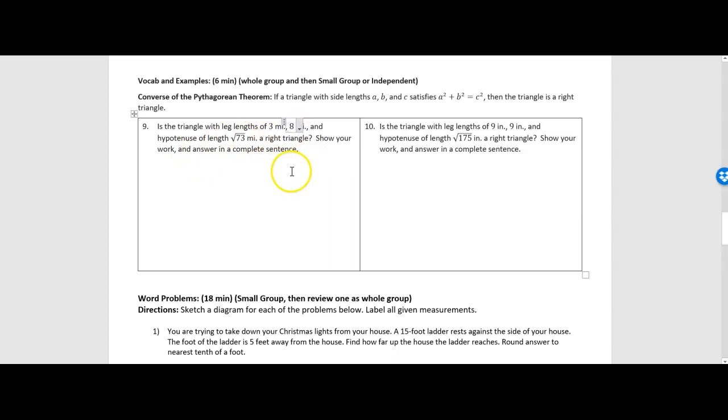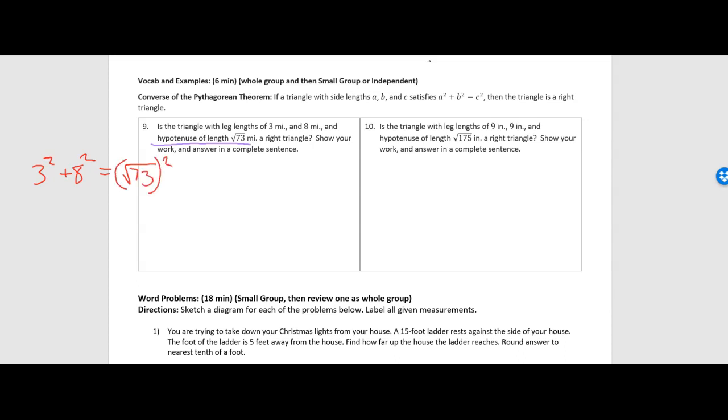Let me fix this real quick. Okay. So let's set this up. Make sure we put our numbers in the correct spot. We are told that the hypotenuse is equal to the square root of 73. So I'm going to have 3 squared plus 8 squared is equal to the square root of 73 squared.